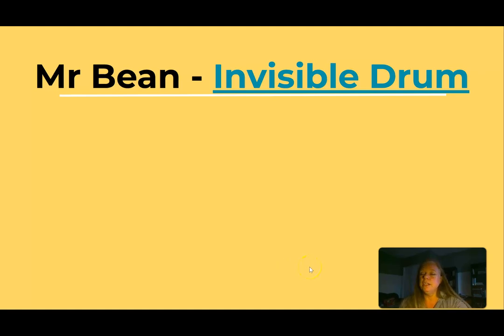Ask yourself, was he able to interact with invisible people, places, and things? How did he make them real for us? And what is it about his performance that made it easy to understand? All right, so stop the video and we'll see you in a bit.